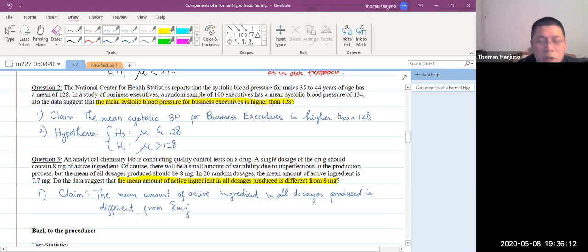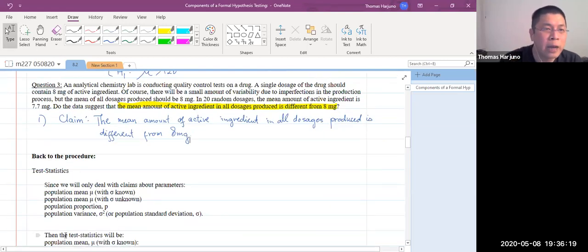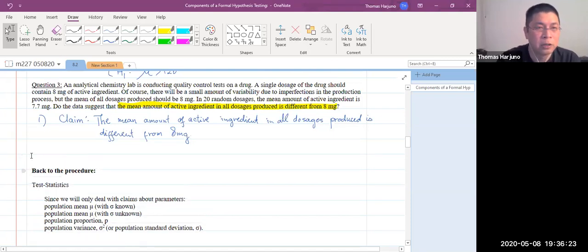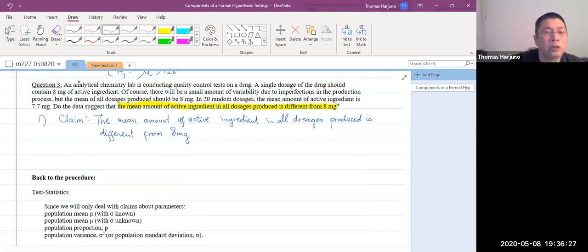It's a long sentence, huh? Thomas, do I have to write all of them? The answer is yes. That's why when I write the problems in your test, especially, I try to find a claim that is short enough so that you don't need to write long, but at the same time still pretty clear.